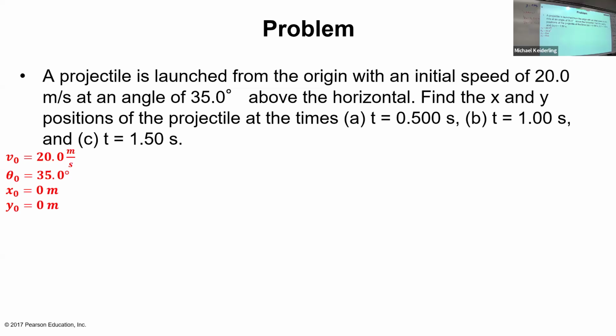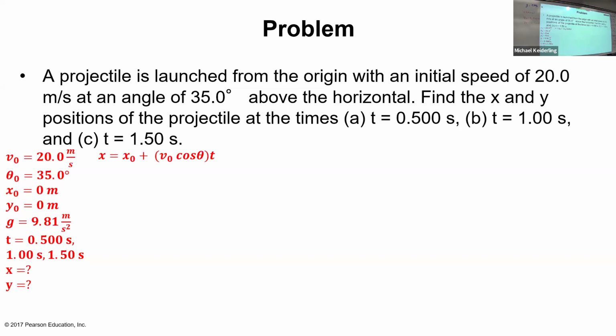Our initial position in the y direction is also 0. That's what launch from the origin tells us. g is 9.81 meters per second squared. And t is 0.5 seconds, 1 second, and 1.5 seconds. And we want to find x and y at each of those times.